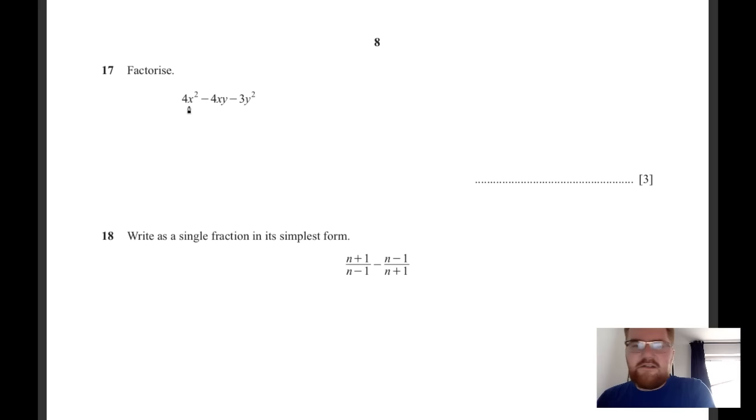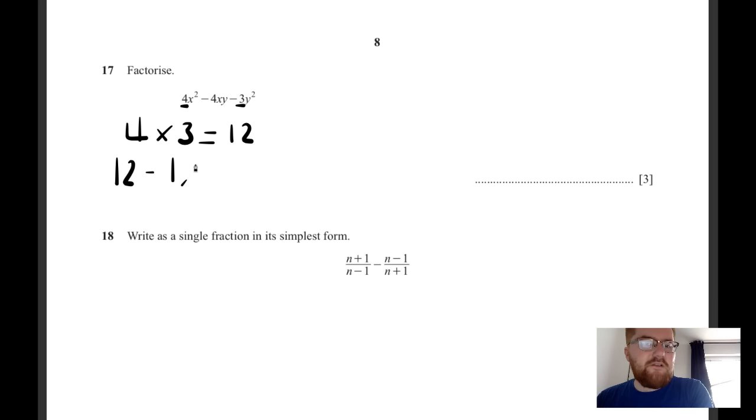So in order to split the term, first of all, we take these two numbers, the coefficients of the first and last term, and multiply them together. So we get 4 times 3 is equal to 12. So far, so good. And then we write down all the factors of 12 that we know.